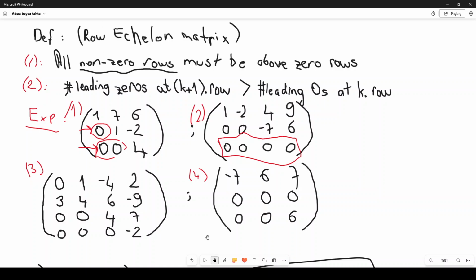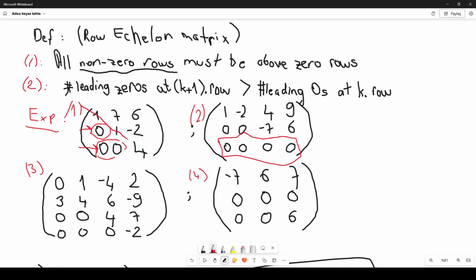And it's a row echelon matrix. Another quick way, that is maybe even simpler, to say that a given matrix is in row echelon form, is to do the same strategy like this.